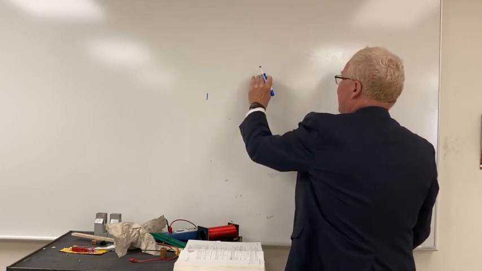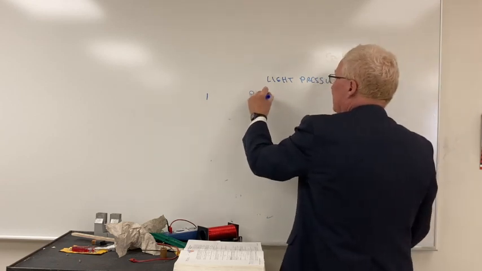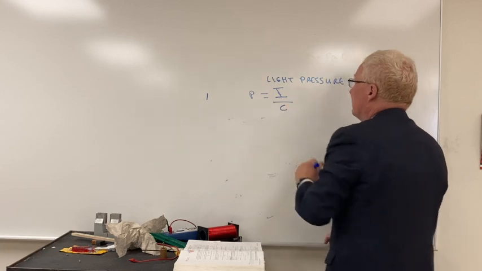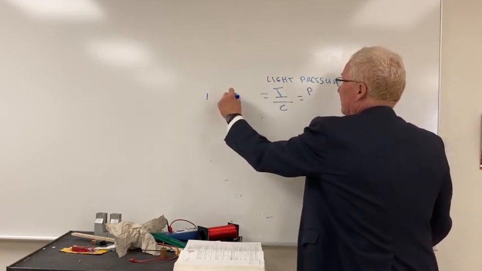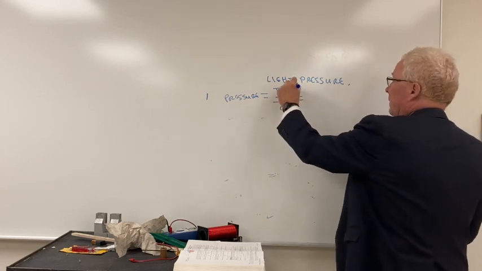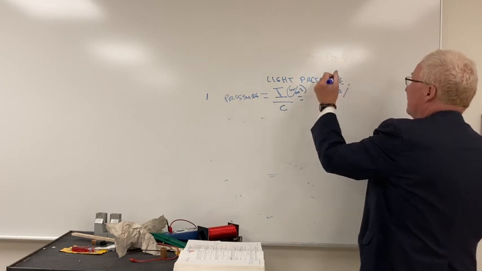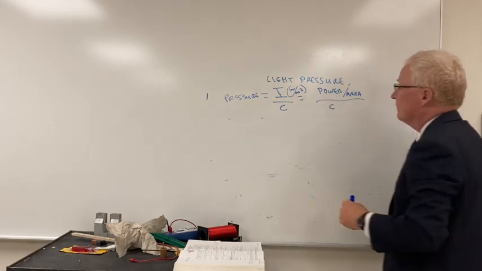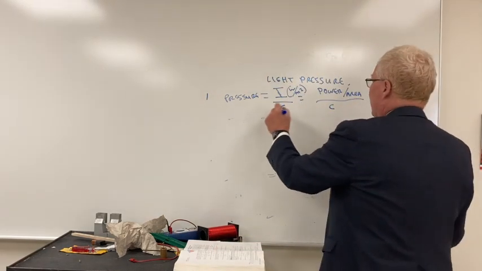Solar light pressure is given as the intensity over c, the intensity in units of watts per meter squared, which is also equal to the power divided by the area, divided by c. And this is the expression for a non-reflective surface.